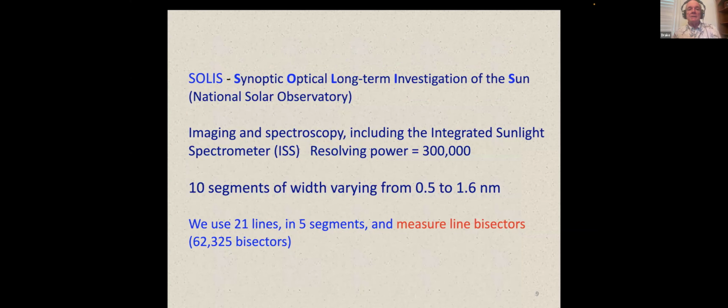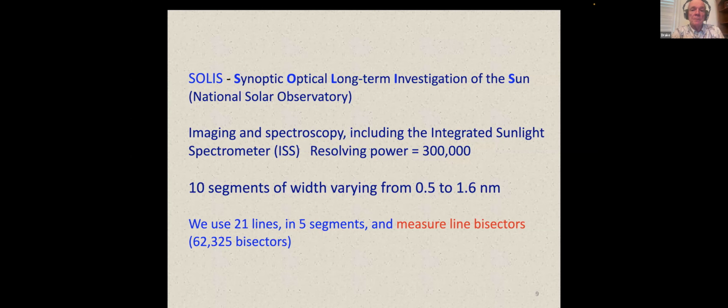And the way to investigate a line-by-line analysis, well, you can do it now. We can do it with spectra from NEID and EXPRES and KPF and other spectrometers, HARPS North, but there's also SOLIS. SOLIS is a project of the National Solar Observatory, and I always want to think that it starts with solar. It doesn't. SOLIS is synoptic optical long-term investigation of the sun, and it's more than just spectroscopy of the sun as a star.